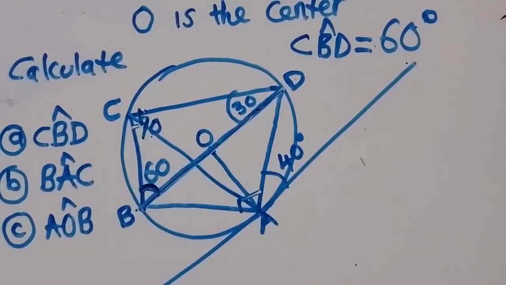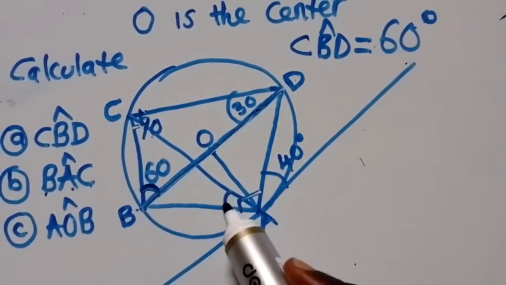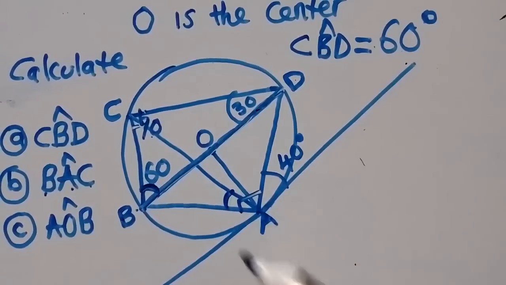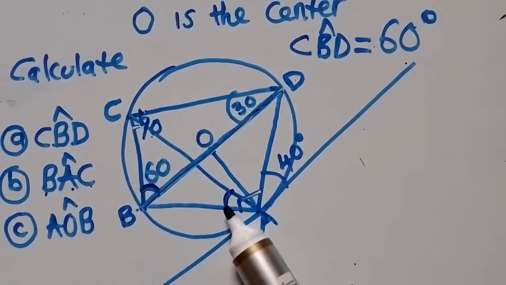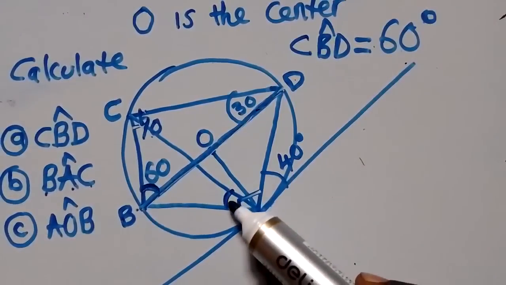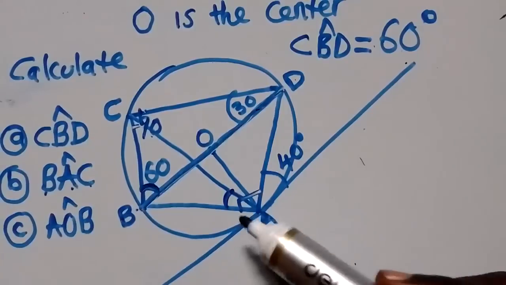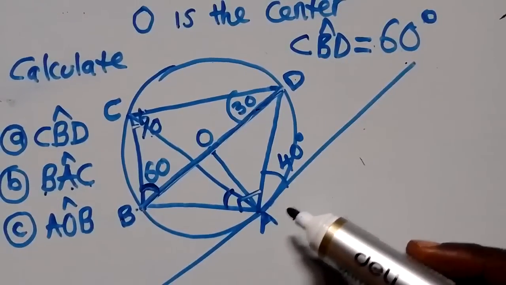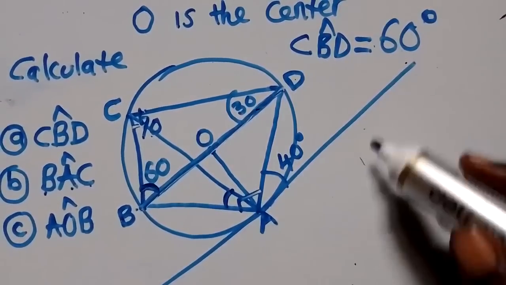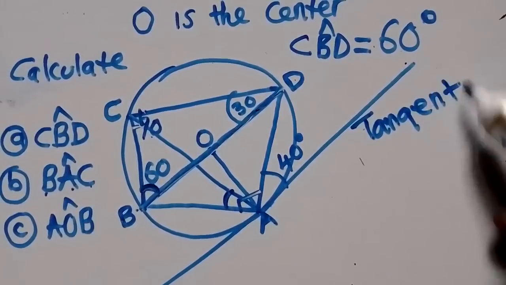We move to the next one, BAC. You want to find this single one here. Before you answer this one, the line which comes from this one, this line here, is called a tangent, if you don't know.